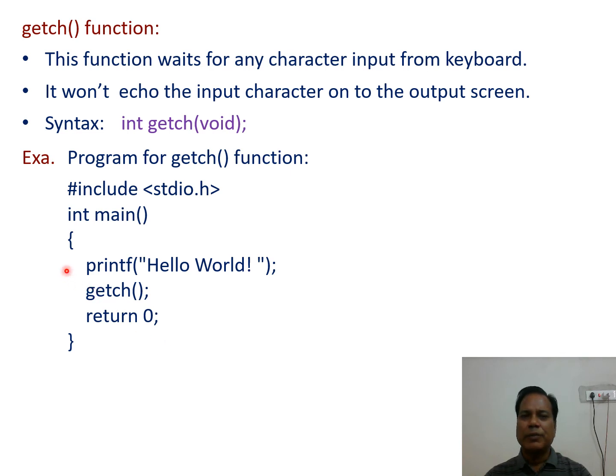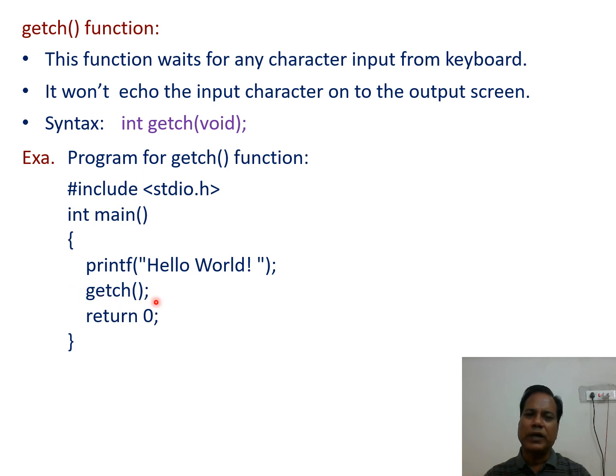In this example program, the first statement of the main function prints hello world on the output screen. Then the getch function is executed, and when it is executed, it waits for the user to enter any character.